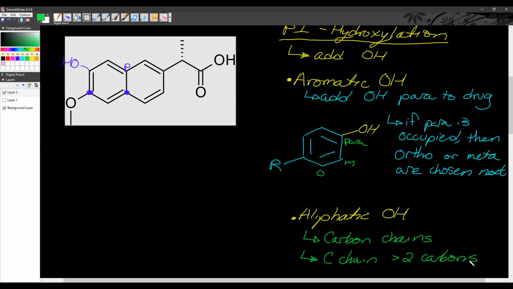It is preferred to put hydroxyl para to the heteroatom. So what that means is, let's say we had a pyridine. The preferred position would be here.